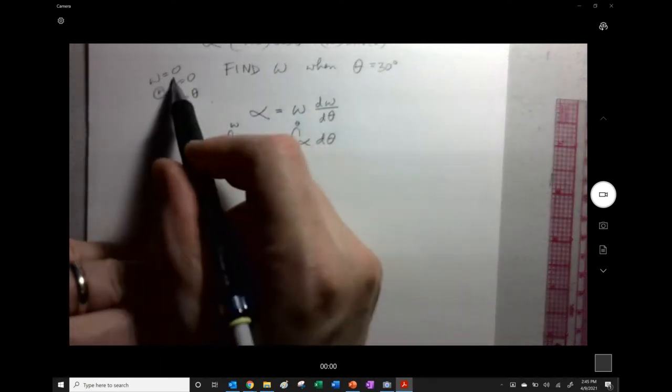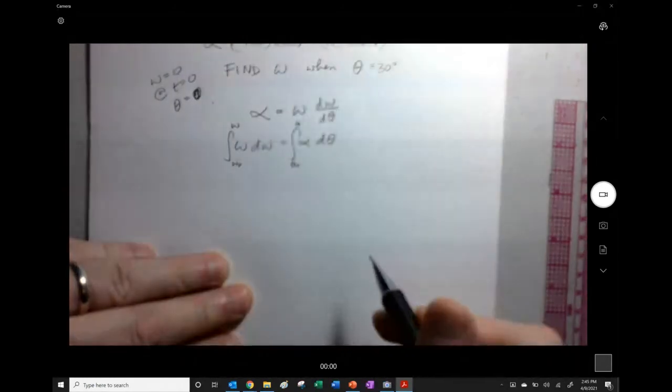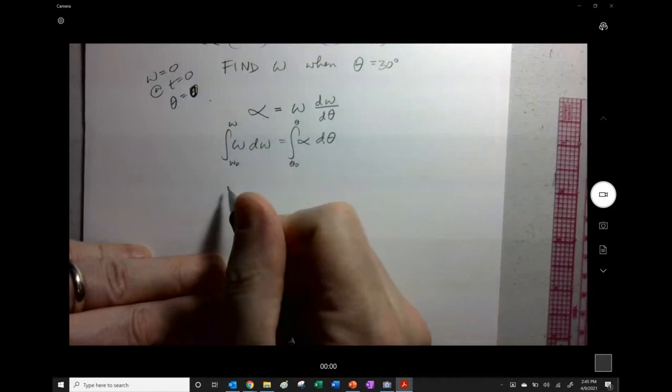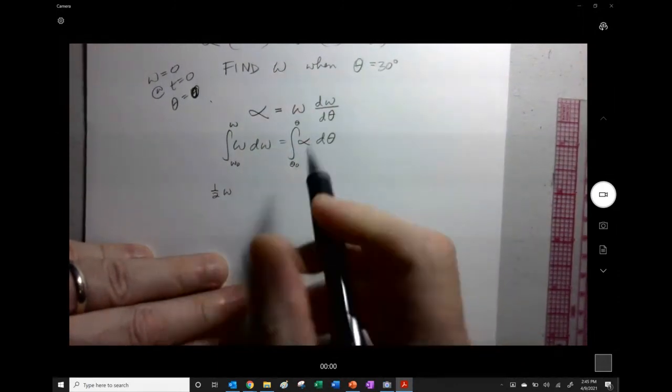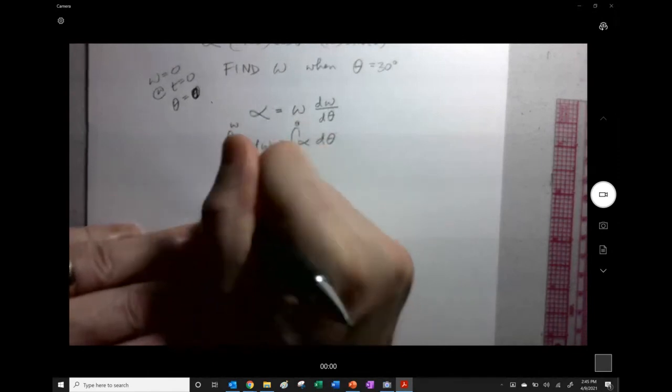We know this is going to be at 0 and 0. That's a 0, not a theta equals theta. All right, this one's going to have 1/2. I need to write out the whole thing right here.